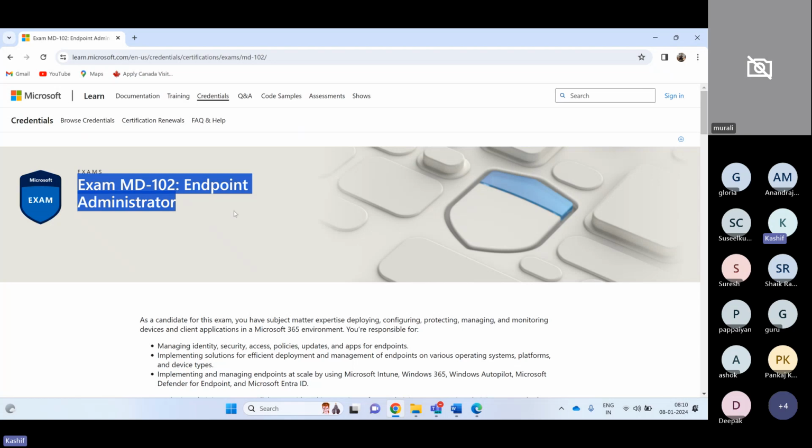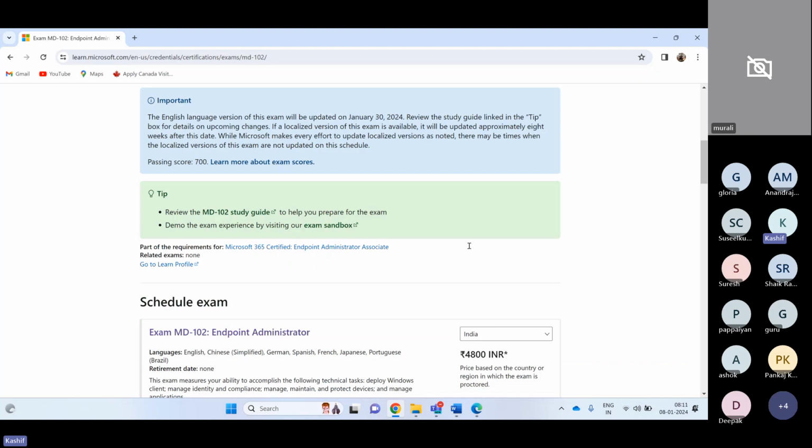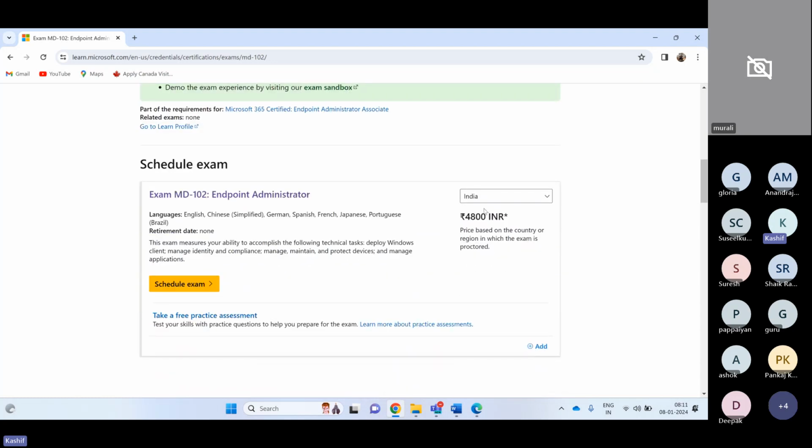That is the Microsoft exam. In this exam, you will need to prepare Microsoft Entra ID, Microsoft 365 technologies, Intune. This exam is going to cost you 4,800 rupees plus taxes in India.